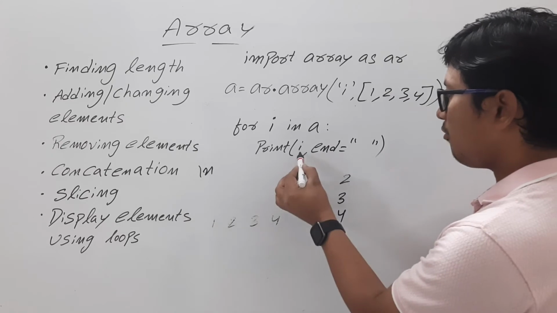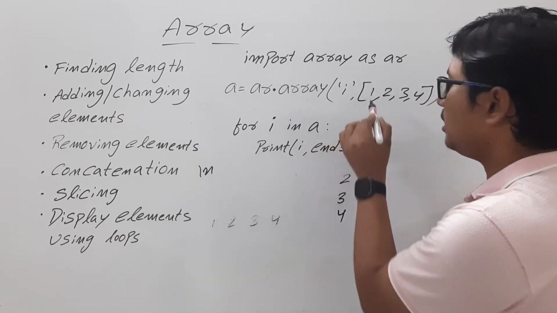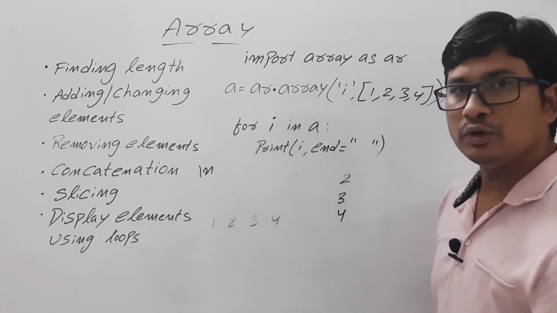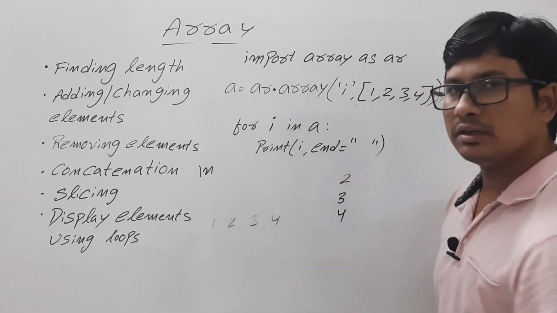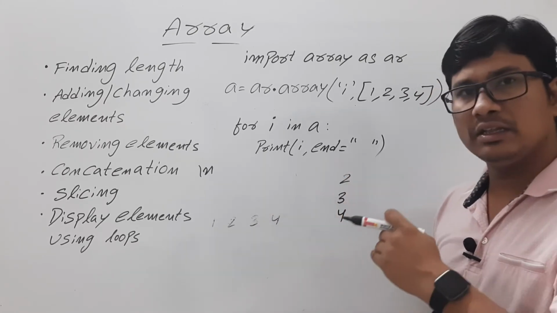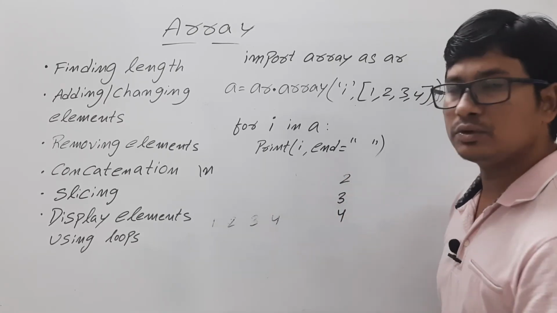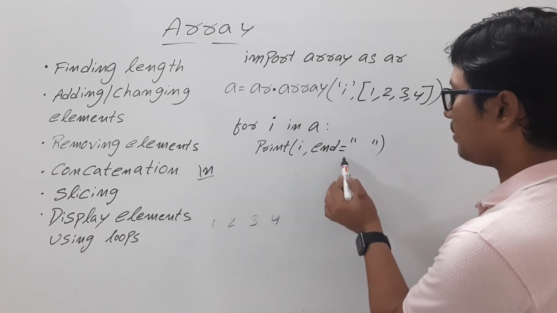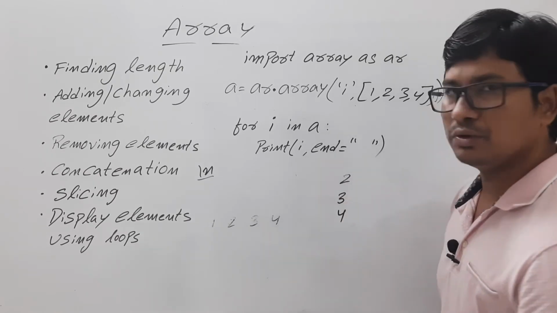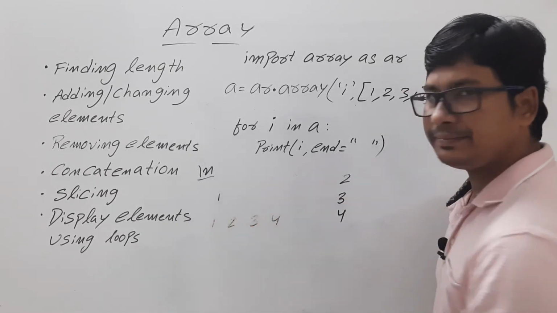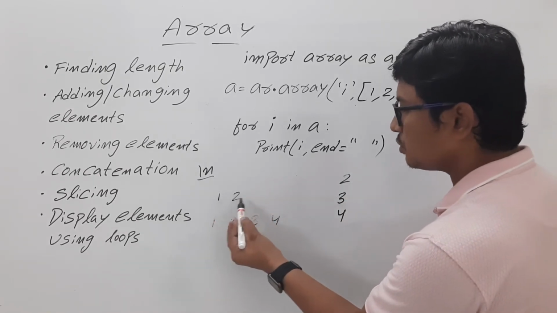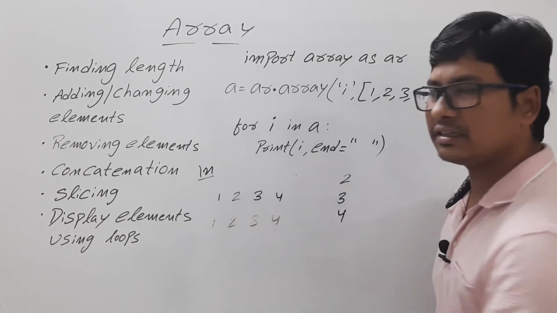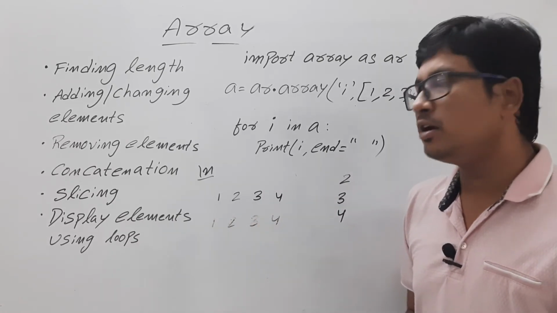That's why after printing the first element 1, it goes to the new line and prints 2, then 3 in the new line, 4 in the new line. So by default the end is \n. Now I am making it a space. So first it will print 1, then a space, 2, then 3, then 4, like that it will be displayed as the output.